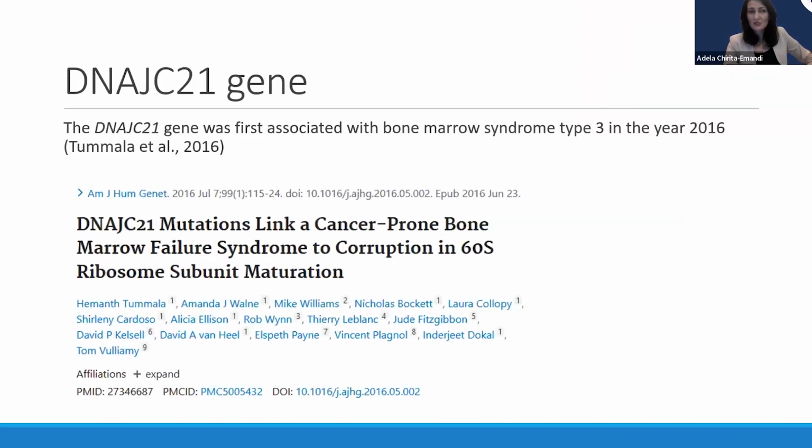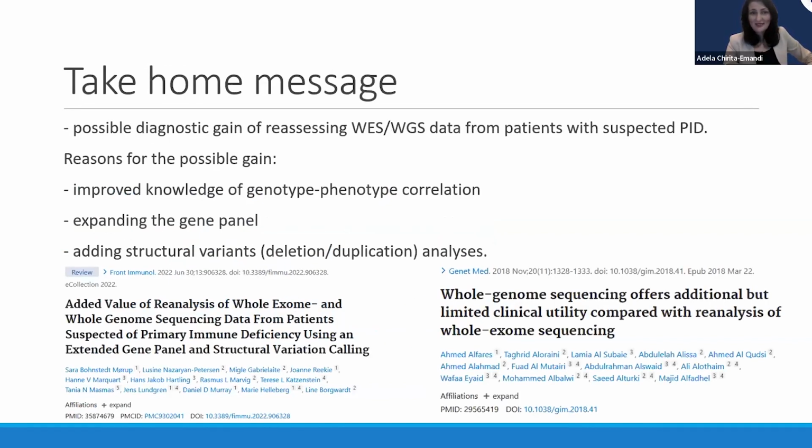However, the association of the gene DNAJC21 was first made with the disease bone marrow failure syndrome type 3 in 2016, ironically the time of the exome analysis. So the take-home message, to be short, is that there is possible diagnostic gain in reanalyzing exome and genome data from patients with suspected primary immune deficiencies.